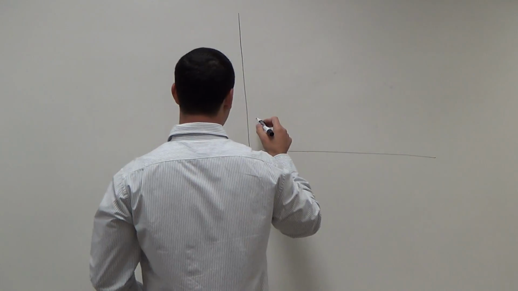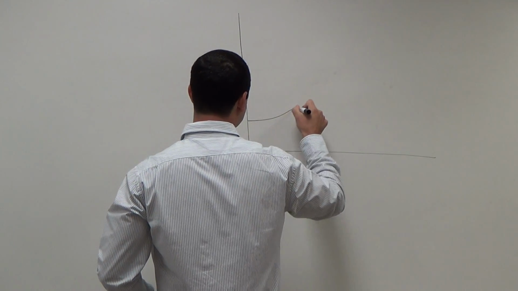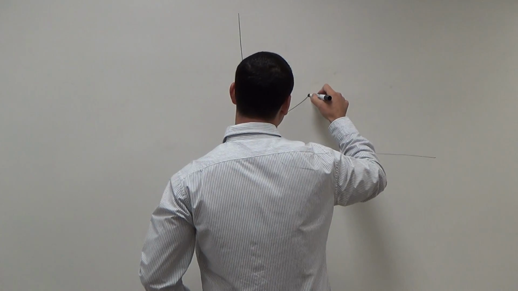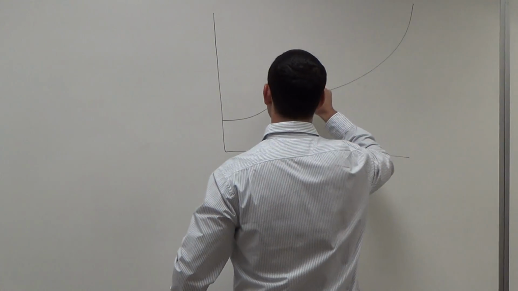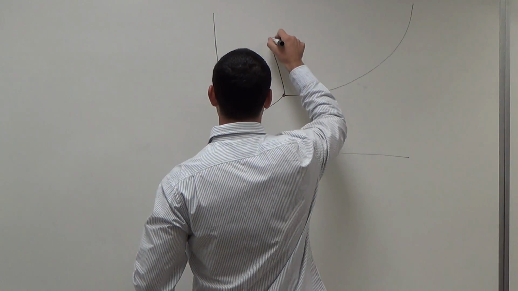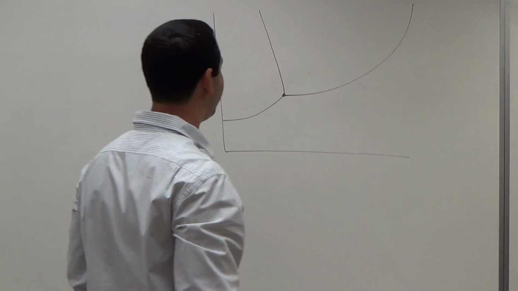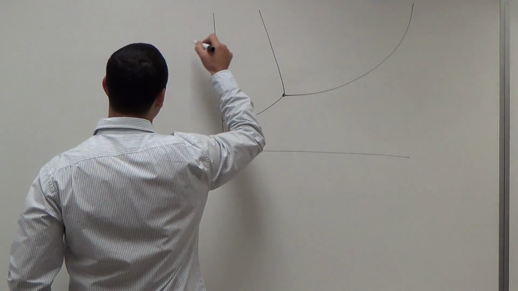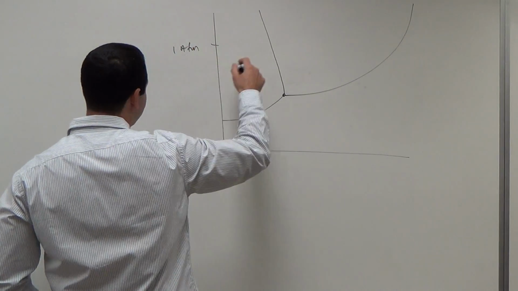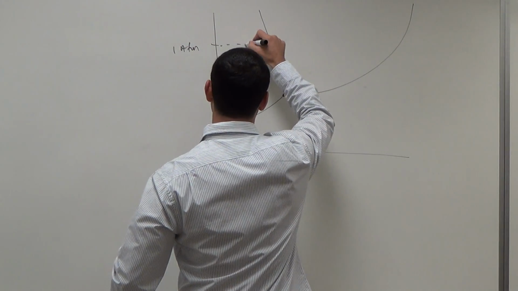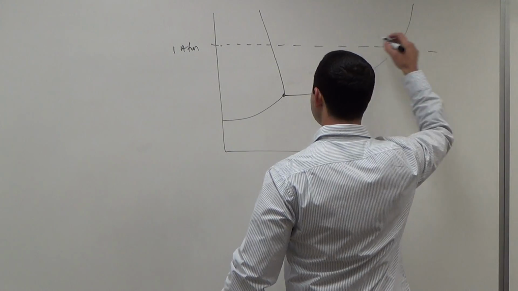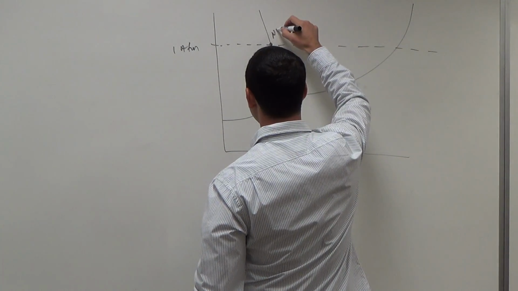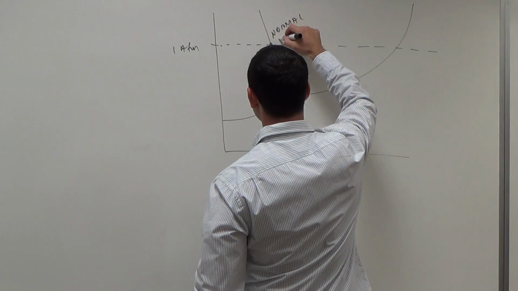Let's do a phase diagram for this business. This is a phase diagram for water, because this line is sloping to the left. This is 1 ATM. This point here is called the normal melting point.